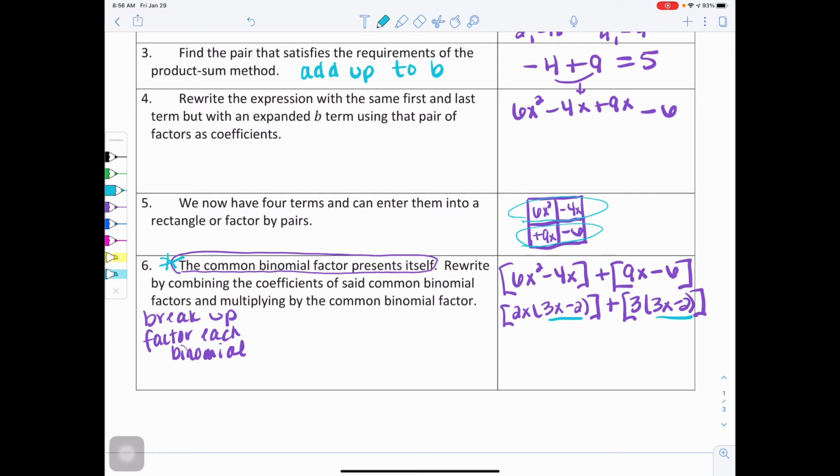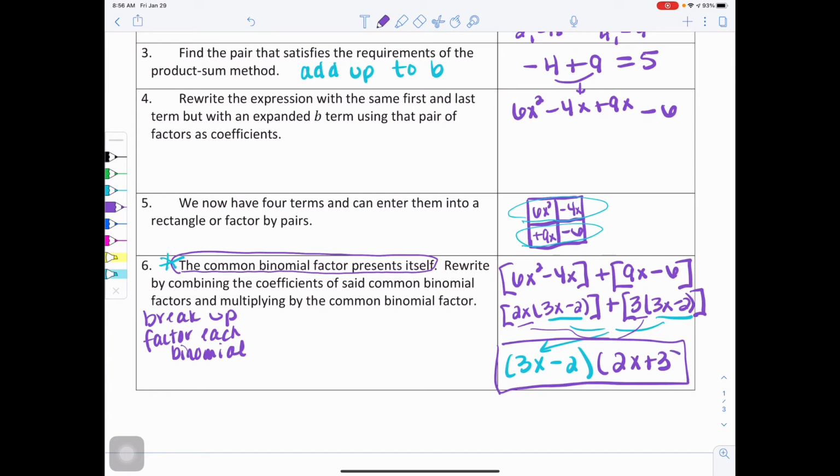So that means we're going to take this out, and it's going to become the first factor, 3x minus 2. And then the remaining pieces, the 2x and the 3, are going to come out and create the second binomial. So my factored form of this trinomial is 3x minus 2 times 2x plus 3.